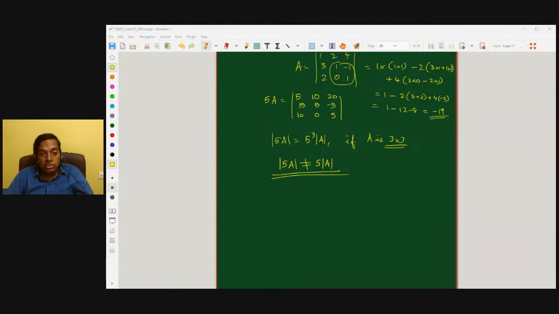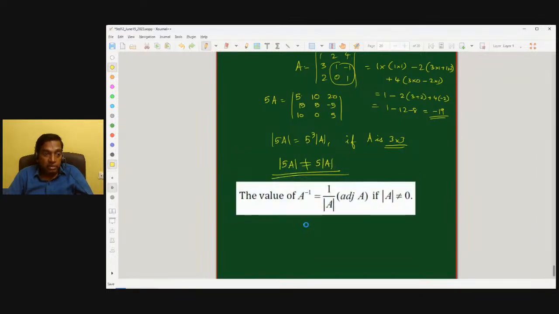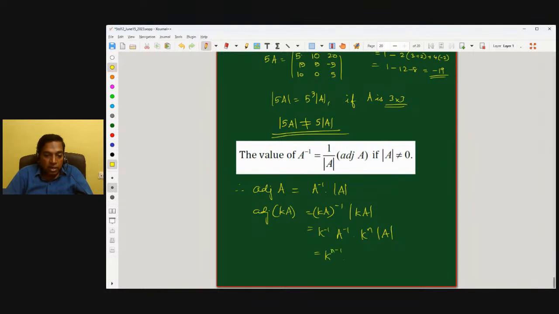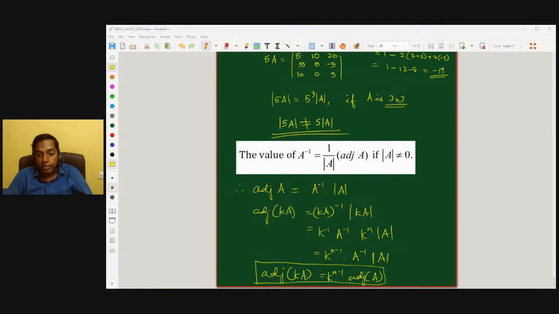If determinant A is not 0, we can write this as adjoint A by determinant A. Adjoint of KA is KA the whole inverse times determinant of KA. KA the whole inverse is K inverse A inverse. Determinant of KA is K power n determinant A. So K power n into K power minus 1 is K power n minus 1, A inverse determinant A, which is K power n minus 1 adjoint A. This is how the previous thing was derived. Adjoint of K times the matrix is K power n minus 1 adjoint A.